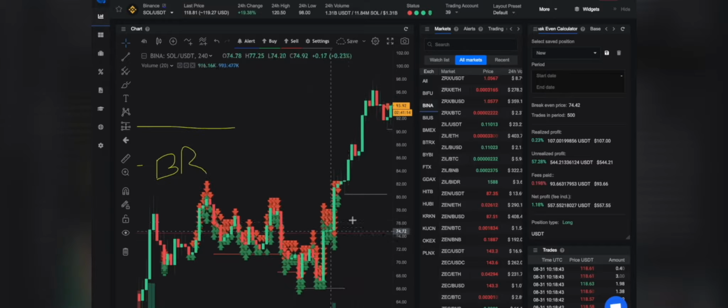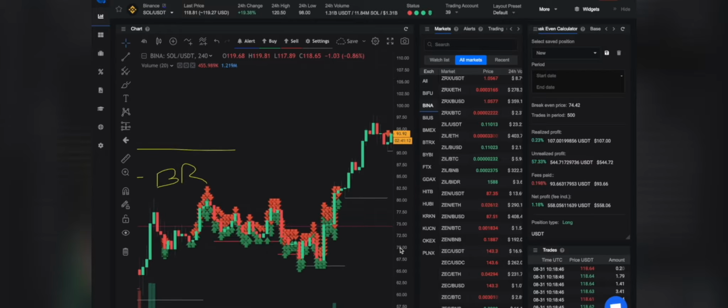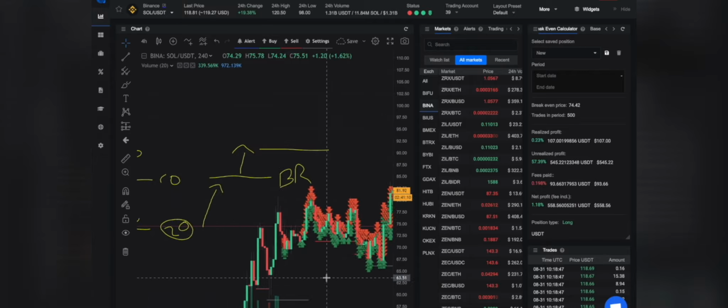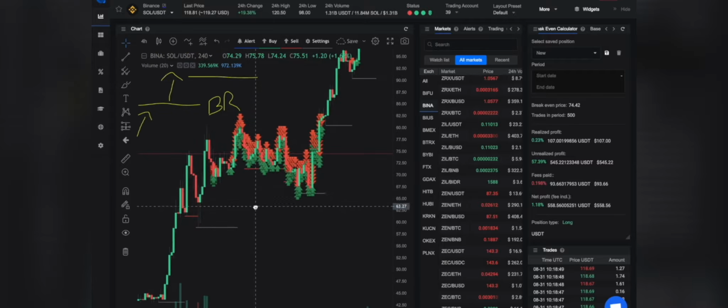And so it's all about finding the correct entries and being able to correctly determine whether the volatility of the market will make us profit on the most amount of trades possible.